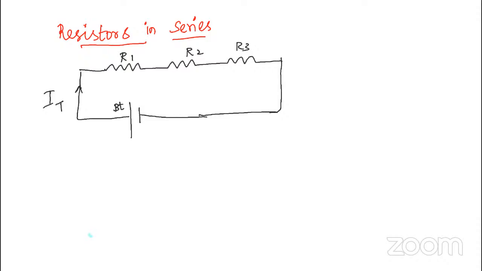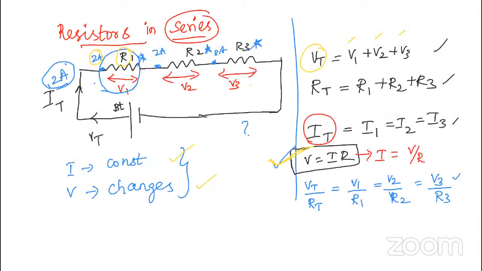So all these problems are what we are going to work out today. Then one more condition: for identical resistors, how will you calculate the equivalent resistance value?